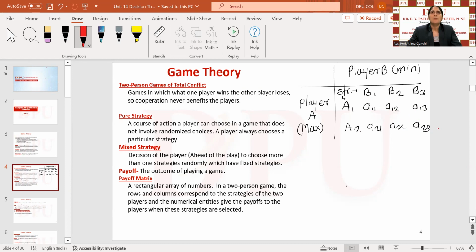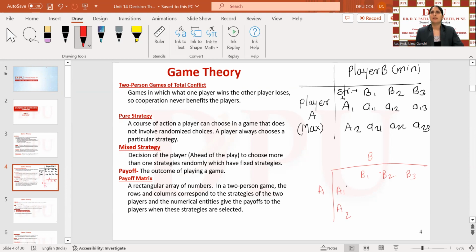So, a two-person game of total conflict. What is the meaning of this? A game in which one player wins, the other player loses. Let me write here. Here you have the numbers: this is player B, this is player A. These are the strategies B1, B2, B3, A1, A2.